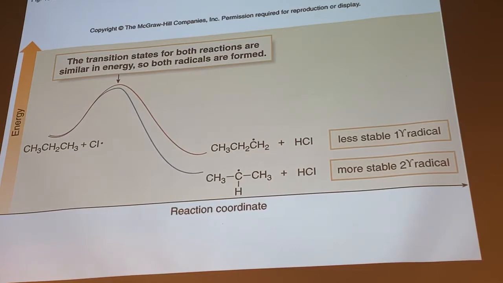So the transition state is going to more closely resemble the reactants, which would be the chlorine radical and the alkane, than the products. But because it's not too exothermic, you're going to have a decent amount of radical character on the alkane at the transition state. Okay?